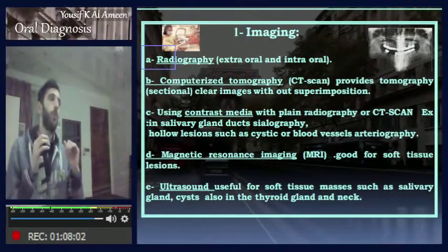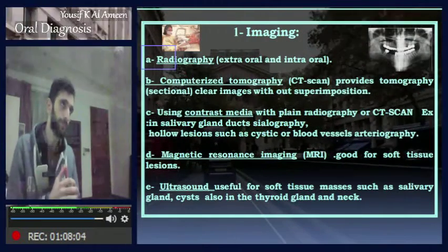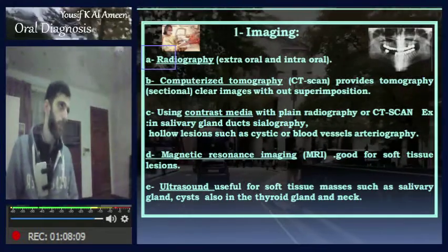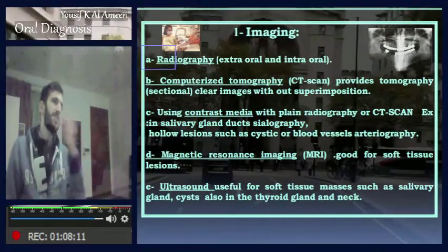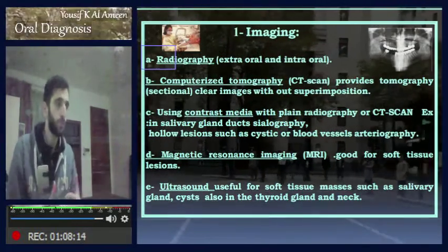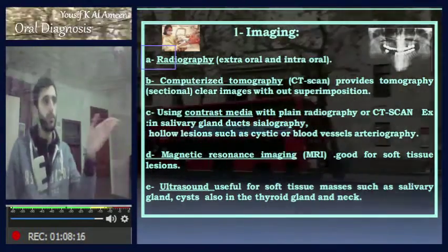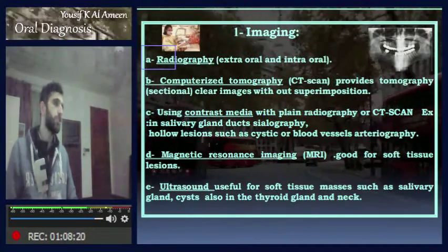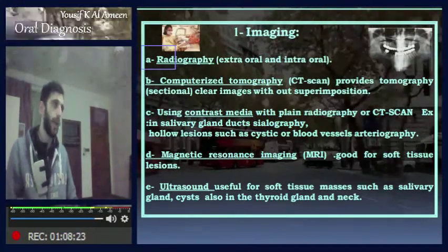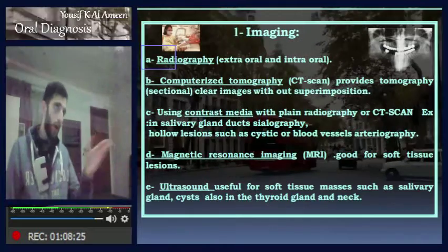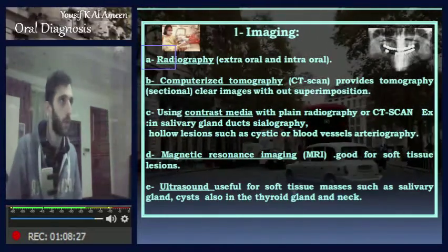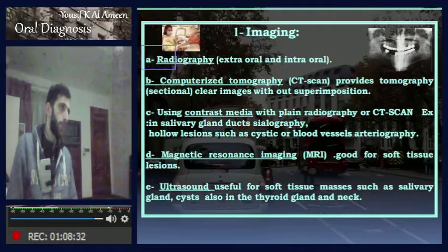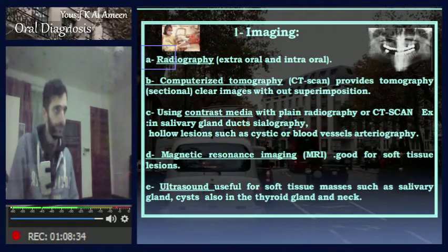The radiograph, extraoral and intraoral. Computerized tomography, CT scan, provides a tomographic section with a clear image without superimposition. Using contrast media, the plain radiograph or CT scan, for example salivary duct sialography, hollow lesions such as cystic lesions or blood vessels, arteriography.